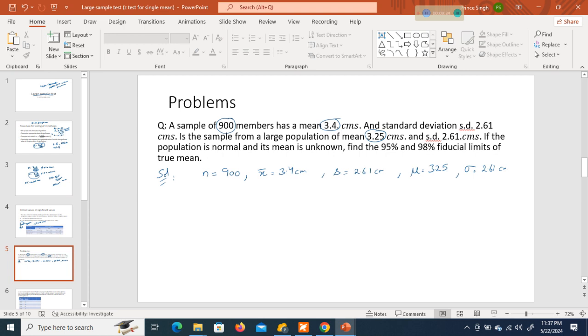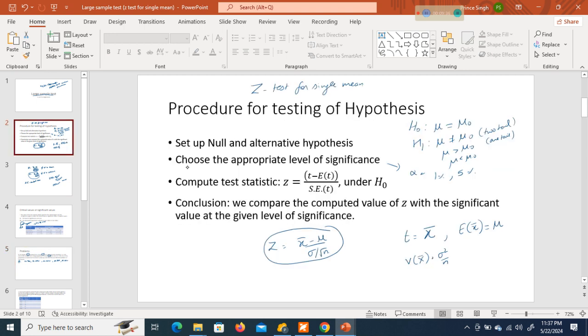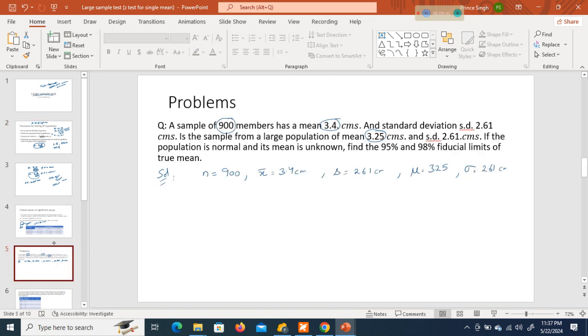Okay, so what steps do we need to follow? This is the procedure we have discussed. Firstly, we need to set up the null and alternate hypotheses. So what will be the null hypothesis? Null hypothesis means no change. So in this case we are assuming that yes, the sample has been drawn from the population whose mean is 3.25 centimeter only.